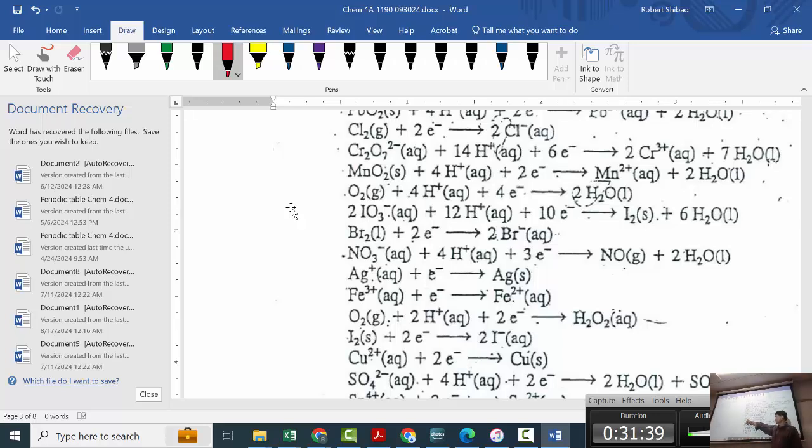Silver ions are good oxidizers. Silver ions, you got to watch out. Silver salts can easily oxidize your skin. If you spill silver salts on your skin, do you know what color it turns? Black. It turns black because it forms tiny crystals of silver metal.